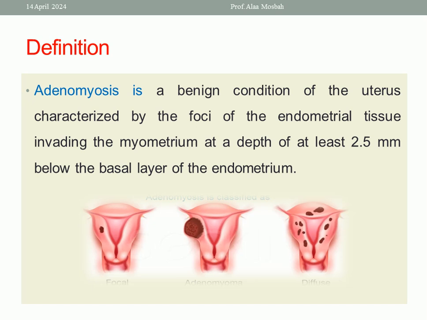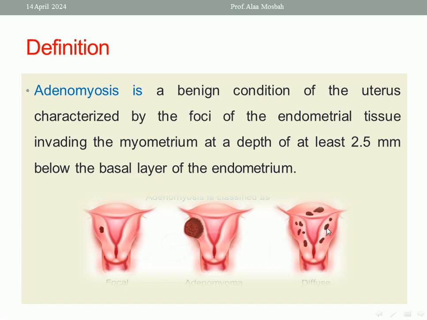So, what is the definition of adenomyosis? Adenomyosis is a benign condition of the uterus characterized by foci of endometrial tissue invading the myometrium at a depth of at least 2.5 millimeter below the basal layer of the endometrium. Please look at this picture.